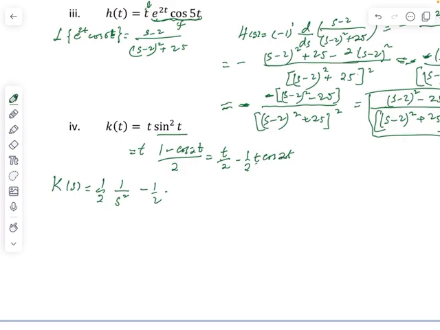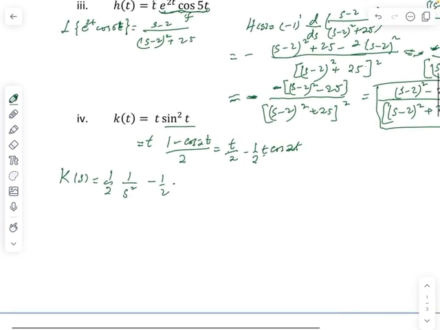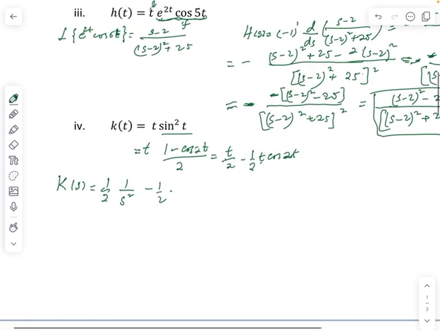How do we do that? Again we apply the formula number 7. So we get negative 1 raised to the power 1 times d by ds of the Laplace transform of cosine of 2t, which is s over (s squared plus 2 squared), so s squared plus 4.